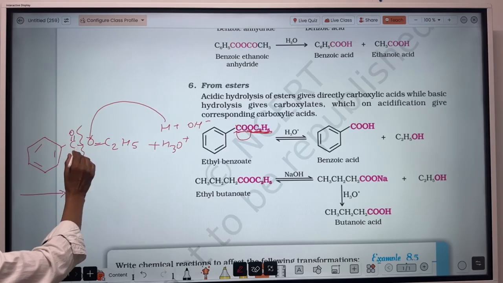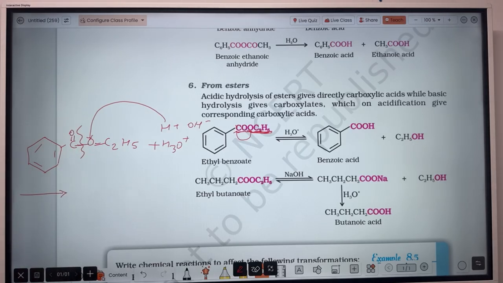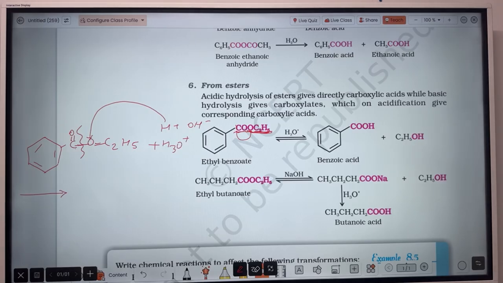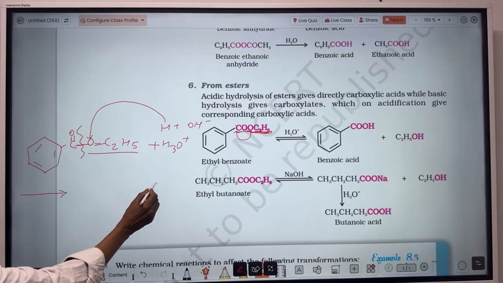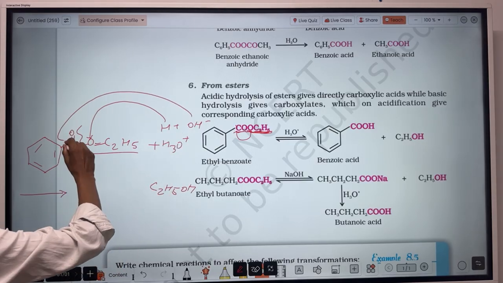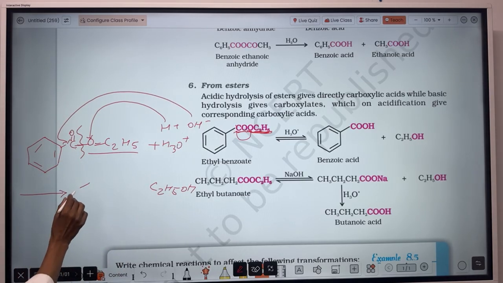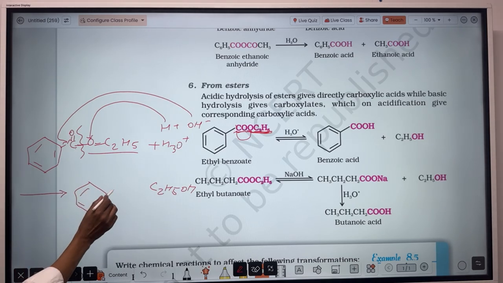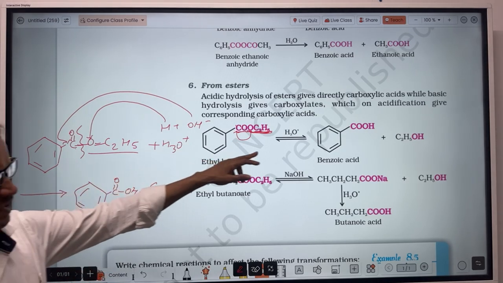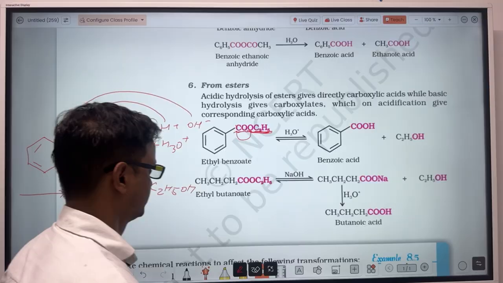The bond cannot dissociate from here because this bond is more polar. So this becomes C2H5OH, and the OH part will get bonded to this carbon. So there will be formation of benzoic acid and alcohol.